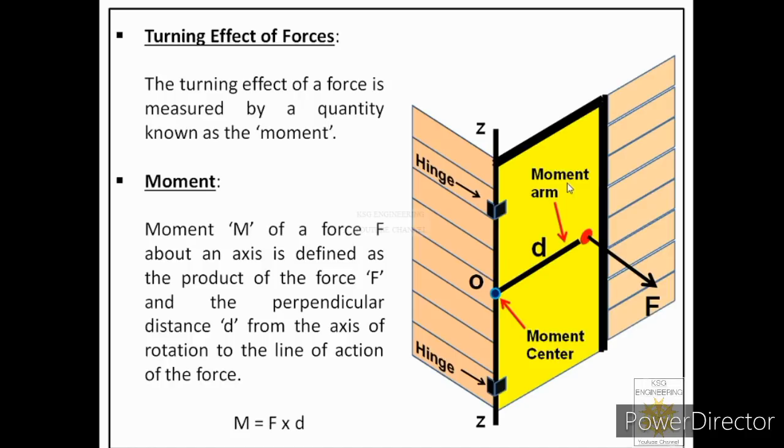Next is moment arm. Moment arm is the perpendicular distance between the axis of rotation and the line of action of the force. Next is axis of rotation or moment axis. It is the axis about which we apply the moment.